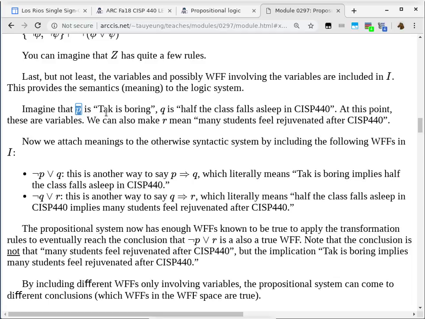So now the question is: knowing that these two expressions, not P or Q and not Q or R, are known to be true, along with the other axiomatic necessary things in iota, what can we prove? Can we prove from these two expressions that not P or R is also guaranteed to be true? That's the question.